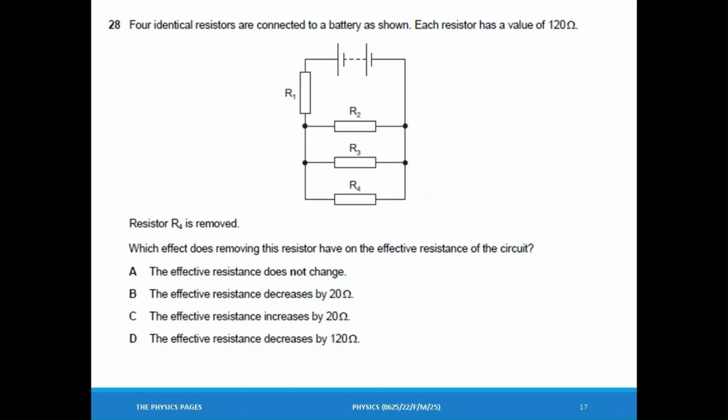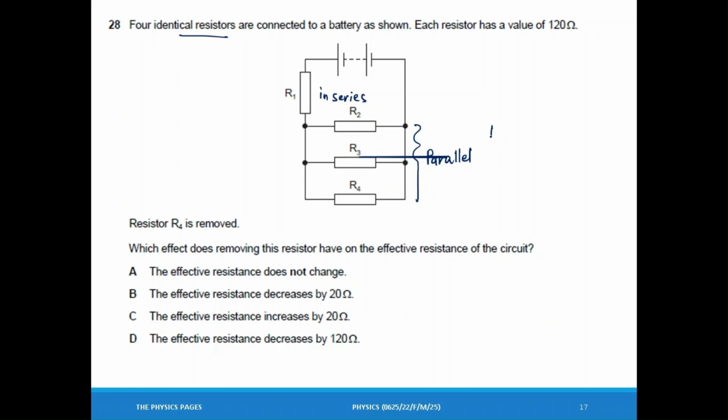Question number 28 says we have four identical resistors, in which R2, R3, R4 are connected in parallel, whereas R1 is connected to R2 in series. Now, to find the effect of the removal of R4 on the effective resistance, I need to know the effect of these three first.